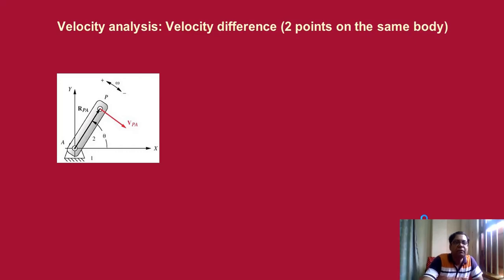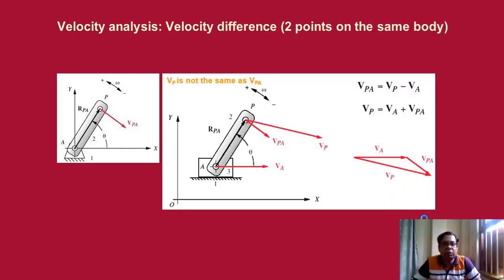For example, velocity difference for 2 points on the same body. Over here we have shown an object with point A and point P. These are the two important points, where point A is the fulcrum, based on which point P has some rotary or oscillatory type of motion.